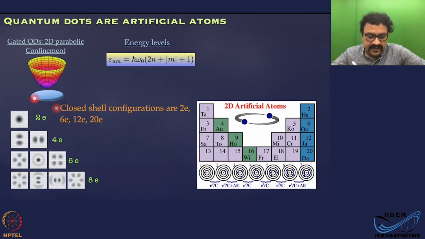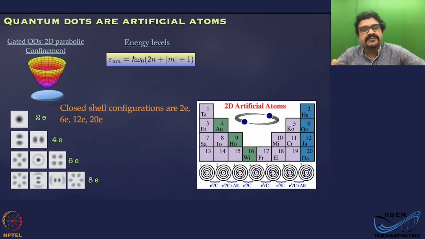You can assume more or less a parabolic confinement for the gated quantum dots defined on two-dimensional systems such as aluminum gallium arsenide heterostructure, or silicon germanium heterostructure. And the energy levels are described by this equation.